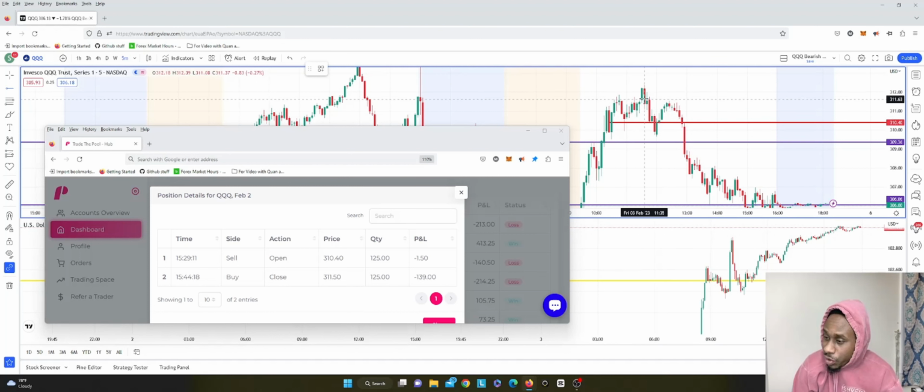But at 10:40, that's minus 5 from that, yeah, 10:40, I got hit out at my stop loss of 311.50.